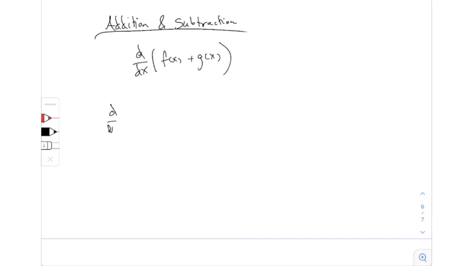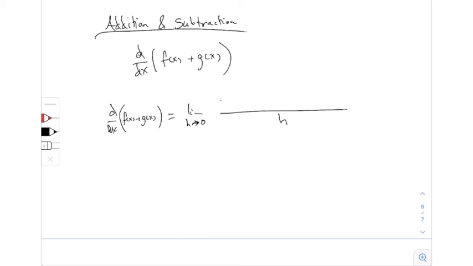So when I do the derivative of f of x plus g of x, as usual, we have to use the limit just one last time. It's going to be my usual fraction here with h on the bottom. Up top, what we do first, we plug in x plus h. This function, I replace x by x plus h.